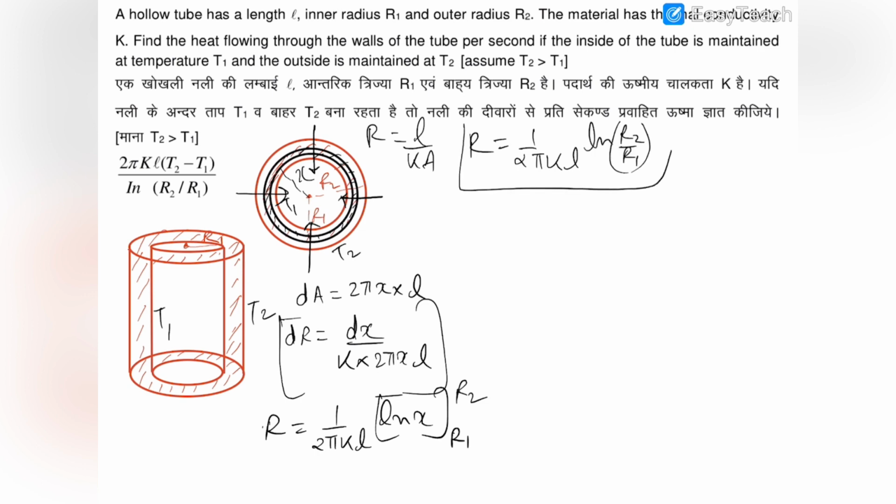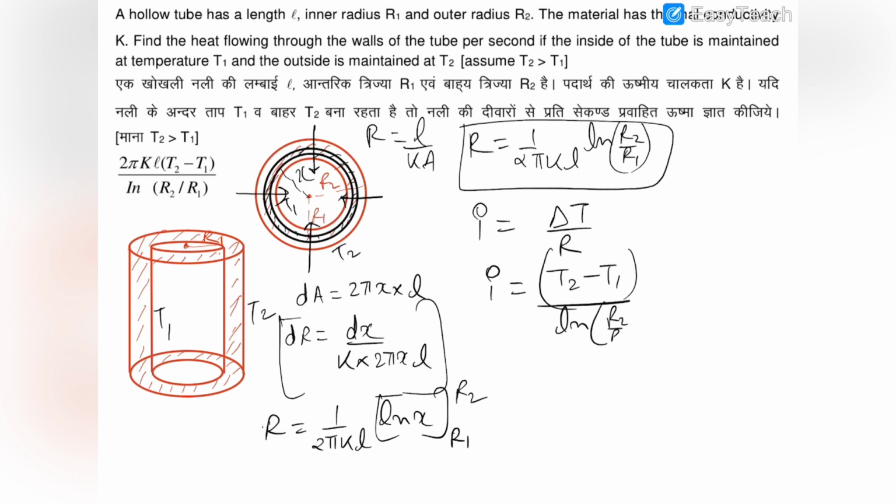So this is the resistance of this cylinder, and therefore the heat current flowing from the outer part of the cylinder to the inner part will be delta T upon R, and therefore I will be equal to T2 minus T1 upon R, which is ln R2 by R1 divided by 2 pi KL. This is the current which is flowing from the outer part of the cylinder to the inner part.